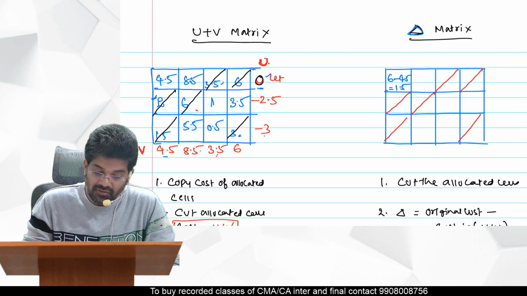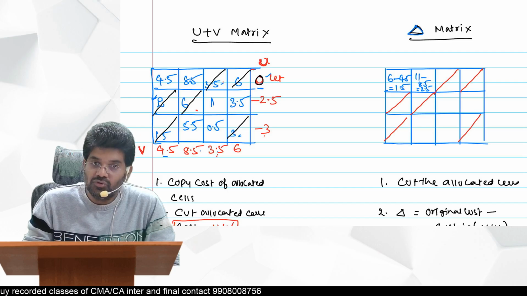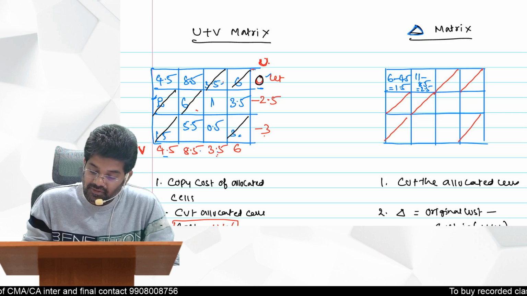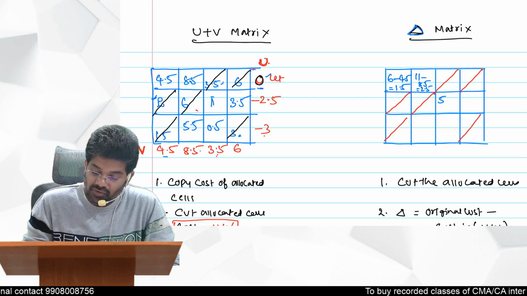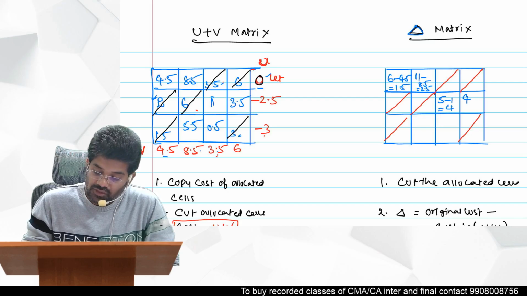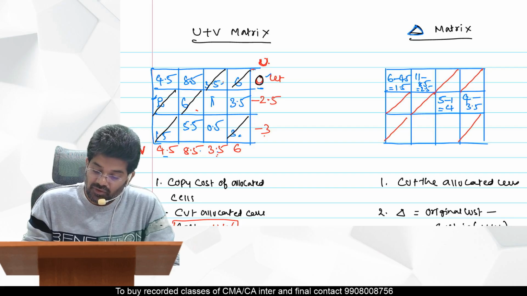Second one, the original value is 11 and the u plus v value is 8.5, so you get 2.5. Then here the original cost is 5 and the u plus v value is 1, so 5 minus 1 gives 4. For this one the original value is 4 and the u plus v value is 3.5. I am taking the original table cost, so what we get is 0.5.